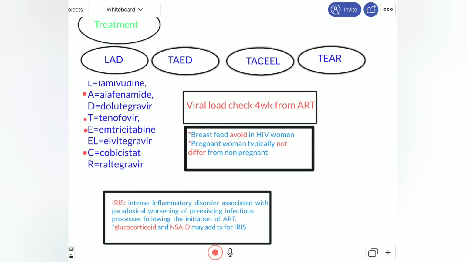When the immunity gets better, the subclinical infection will appear. Of course, HIV infection predisposes to multiple opportunistic diseases, so the subclinical disease will appear. Glucocorticoids have a role in IRIS treatment.